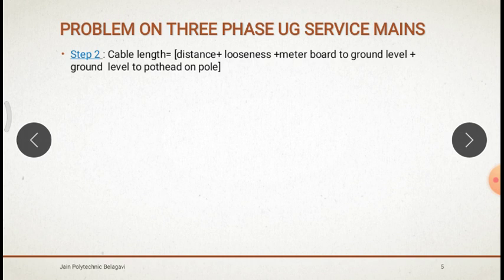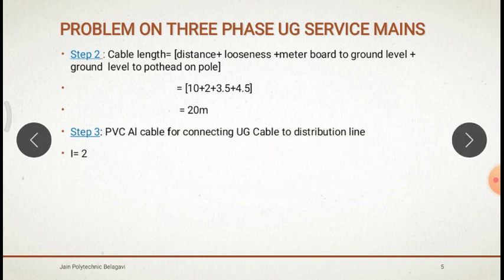For that also you need extra, 3.5 and 4.5. So see here, distance is 10 meter, looseness 2 meter, meter board to ground level approximately 3.5 and here 4.5. So in total we require 20 meter.